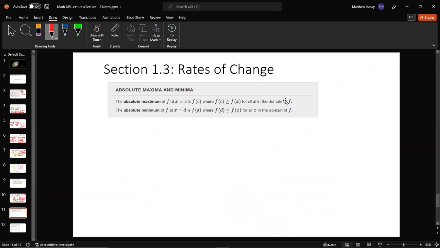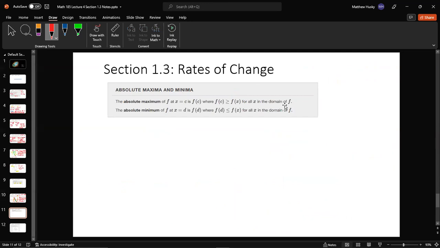All right, so absolute maxima and minima. So basically, it's bigger than every single point. So it's not just the high point, but there are points higher somewhere else. If you are the absolute maximum, it is the highest point, period. There are no points higher at all. Same for an absolute minimum.